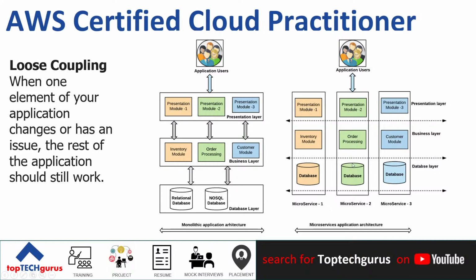Application users can still access this green application and the blue application. So they're not stopping their work because one part of the application does not work. They probably cannot do certain things, but they can still do other things with the application.